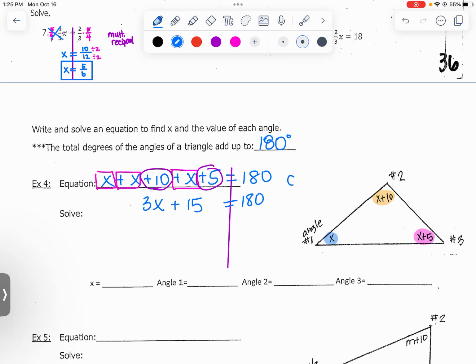Okay, so we combine like terms. Now we only have variables on the left side, which means we can go straight to steps 4 and 5. Undo addition, subtraction. So I'm going to subtract 15 from both sides. So we have 3x equals 180 minus 15.